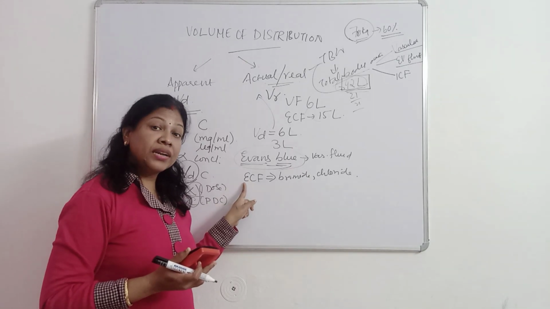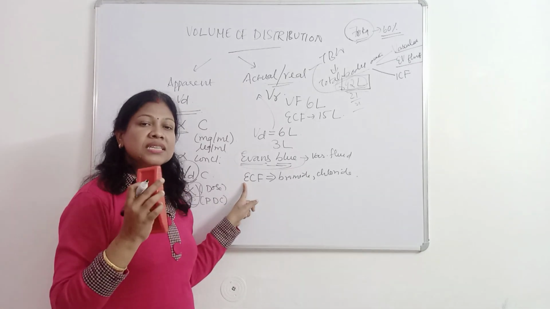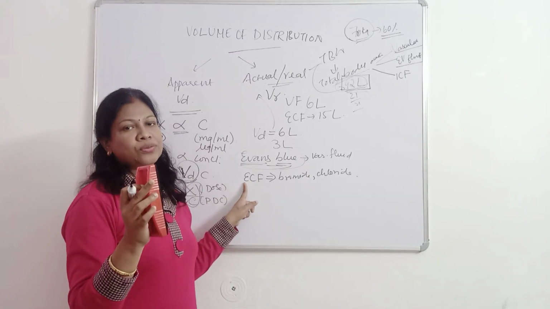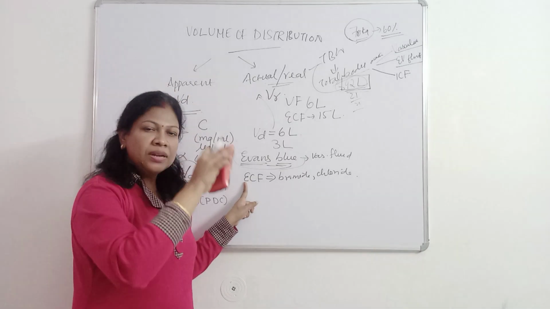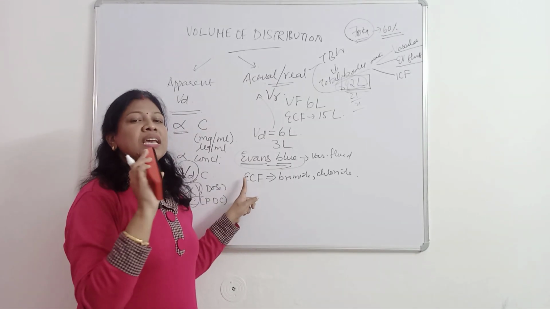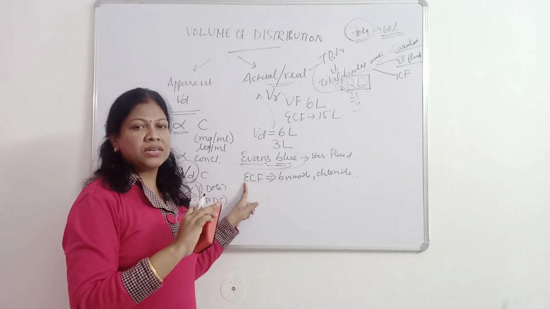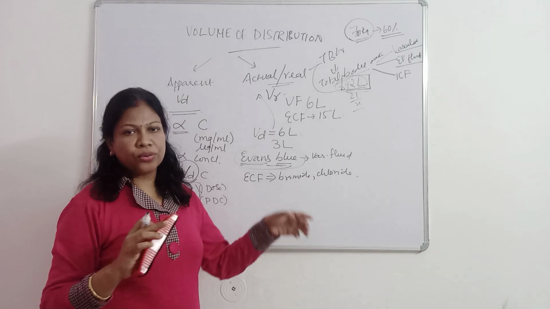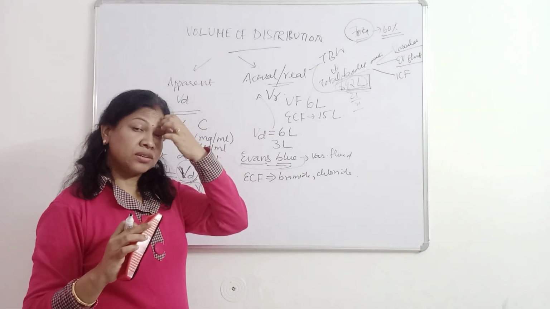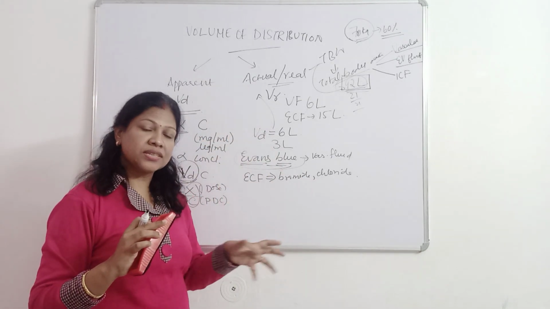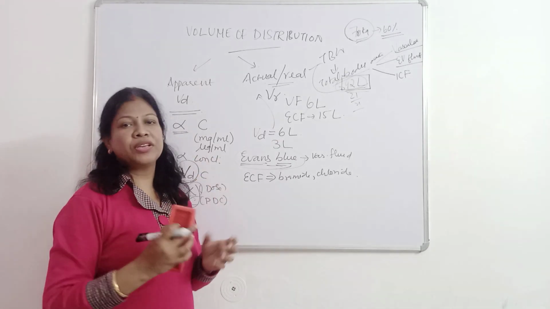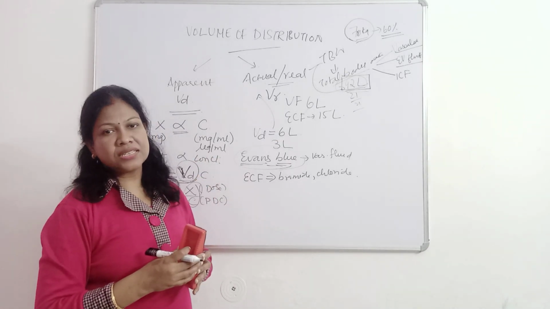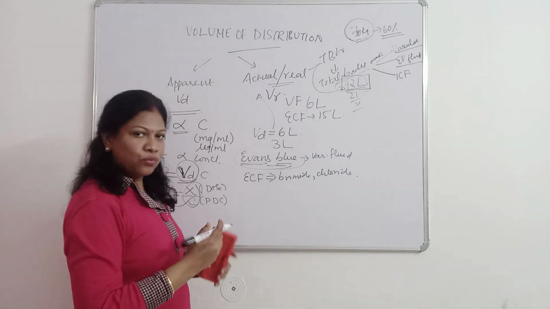Because they are ionized substances. Ionized substances have limitation in permeation through the cell membrane. So they will be restricted to the extracellular environment. So the extracellular fluid can be determined by these chloride ions and bromide ions. They will be confined only to the extracellular fluid, so they can be used to determine the extracellular fluid volume.